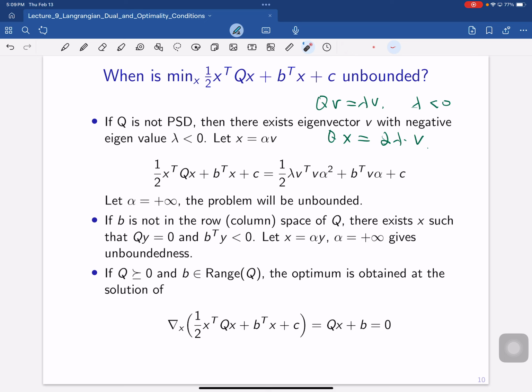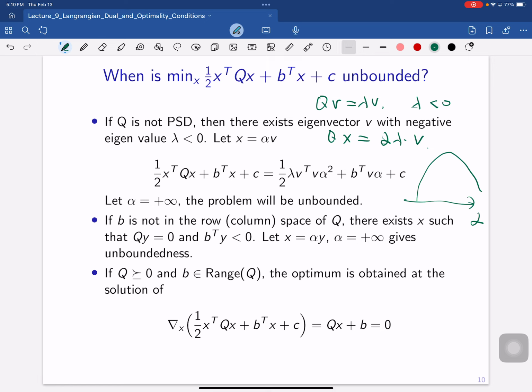Now, this curve basically looks something like this. It is a quadratic function with respect to alpha, where the coefficient of alpha squared is negative. If you let alpha go to infinity, this problem will be unbounded.